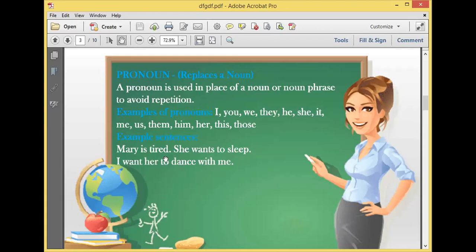She wants to sleep. Where's the pronoun in this sentence? The pronoun she, right? The other one: I want her to dance with me. Where are the pronouns? I, her, and me, right? So this is the second part of speech. We call it pronoun, and we know its definition and why we use it: to avoid repetition, right?